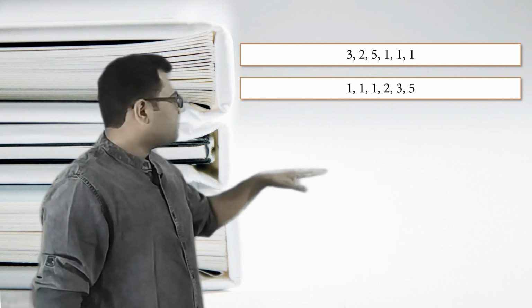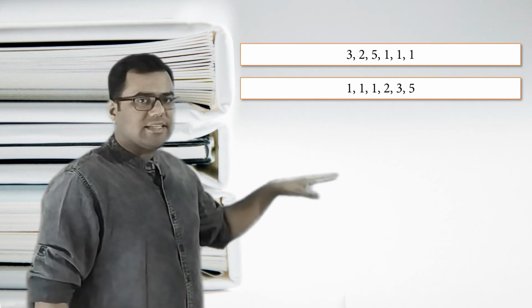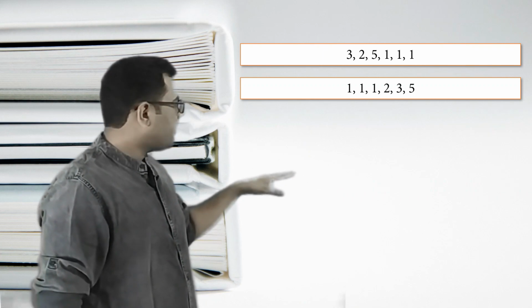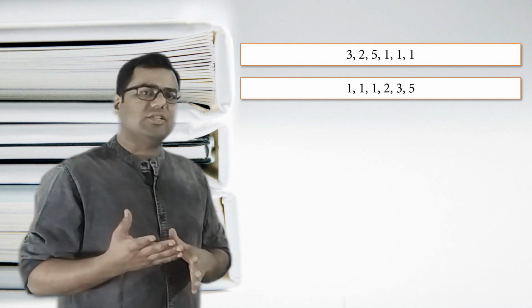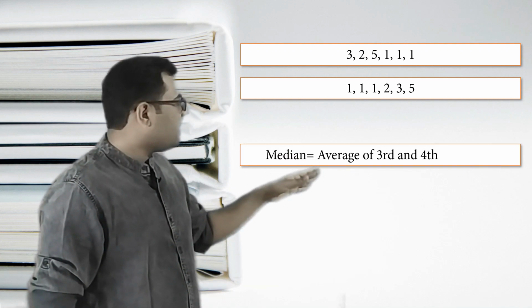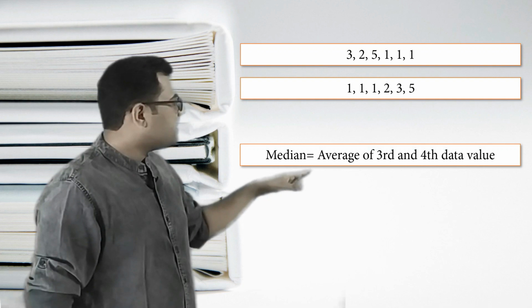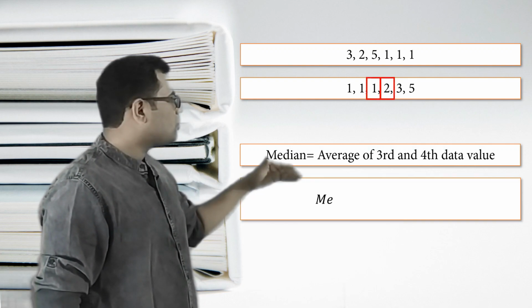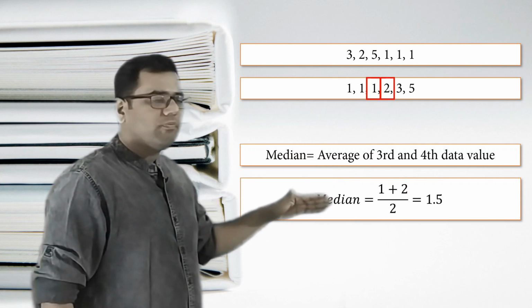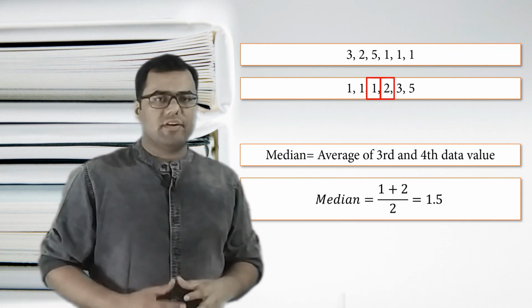The total number of data values in the data set is 6. So the 2 middle numbers are going to be the 3rd and 4th, and the median shall be the average of the third data and the fourth data. The third data is 1 and the fourth data is 2. So the median is going to be the average of 1 and 2, and it shall be 1.5.